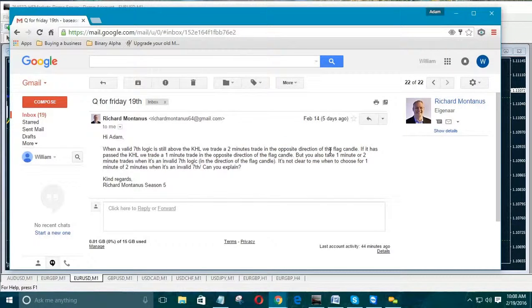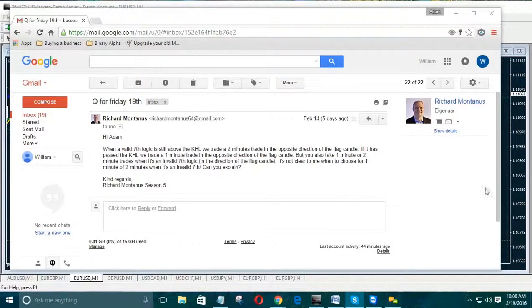But you also take 1 or 2 minutes when it's an invalid seventh logic, right? Yeah. So if it's invalid, same thing. 1 and 2 minutes is always the same there. Whether you're taking a valid seventh or an invalid seventh, you still use the 1 or 2 minutes depending on where you're at in conjunction with the Kazi high-low.